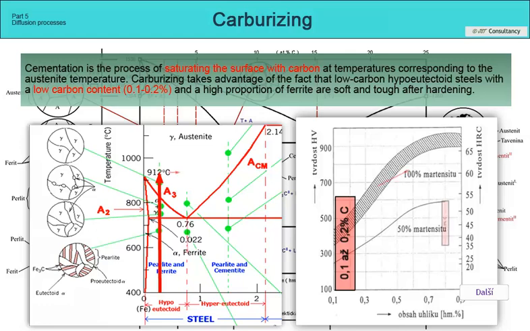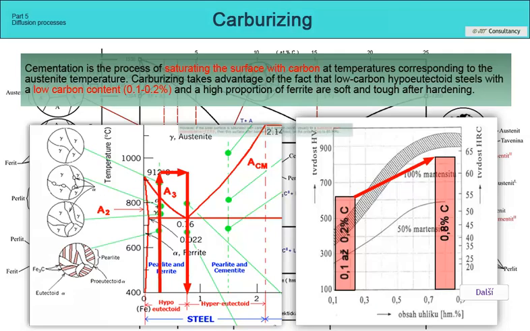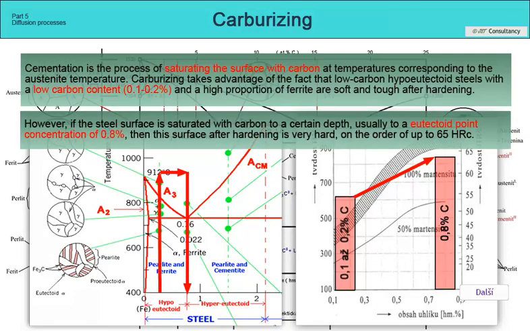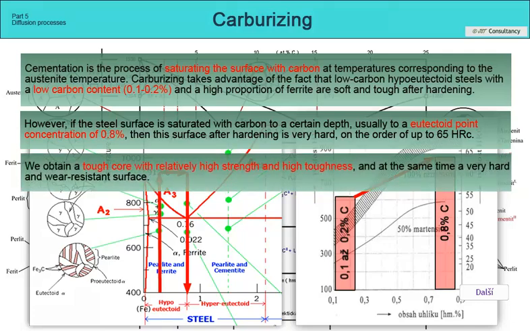However, if the surface of the steel is saturated with carbon to a certain depth, usually to a eutectoid concentration of 0.8%, then this surface after hardening is very hard, on the order of up to 65 Rockwell.